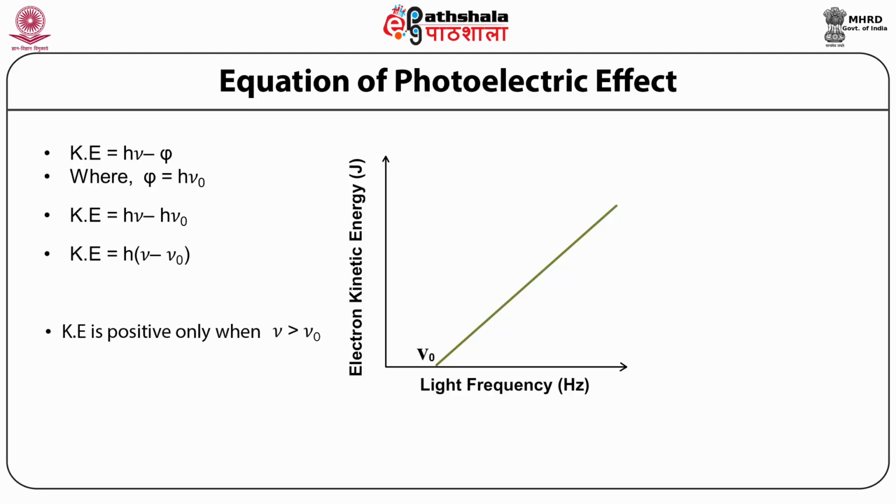That is the necessary condition for the photoelectric effect to occur. If the incident frequency is equal to or less than the threshold frequency, then kinetic energy becomes 0 or negative. That means the electrons cannot be ejected from the metal surface. Thus, we can say that kinetic energy depends upon the frequency of incident light.